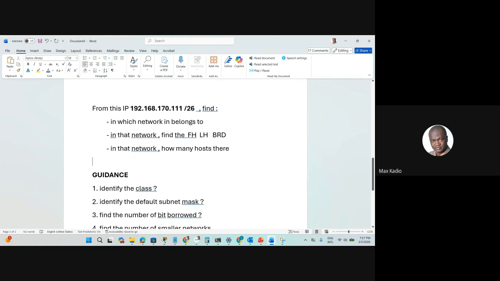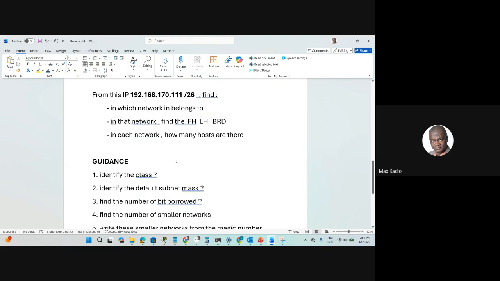Also, the last question that I'll show you today: in each network, how many hosts are there? So when you have a question like that, no panic, find the guidance. Guidance says, step number 1, identify the class. So this one is a class C.